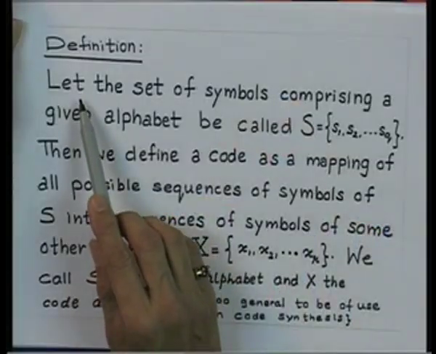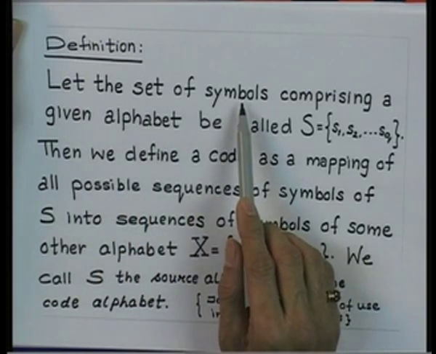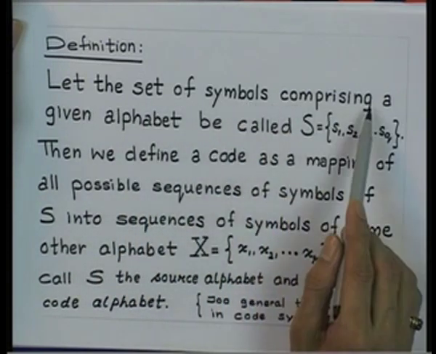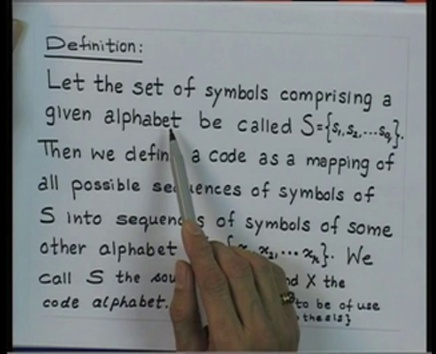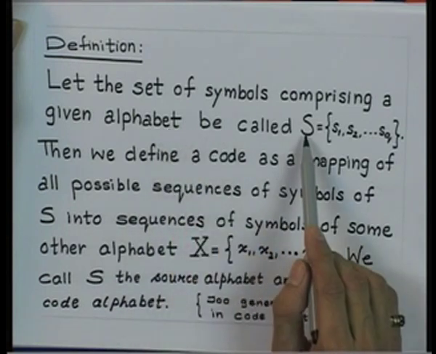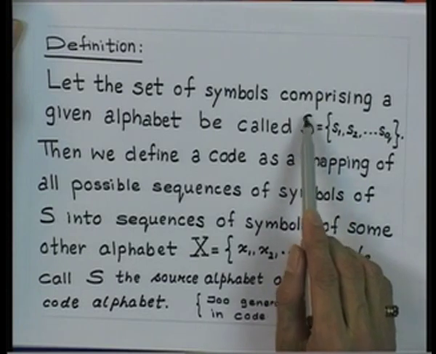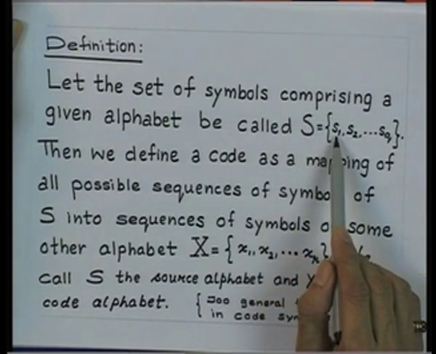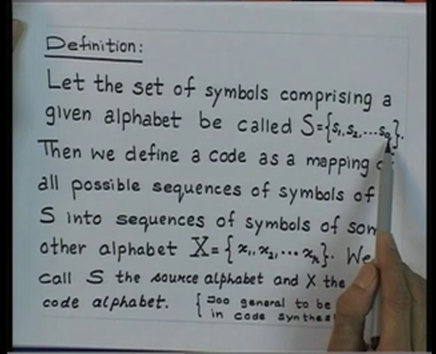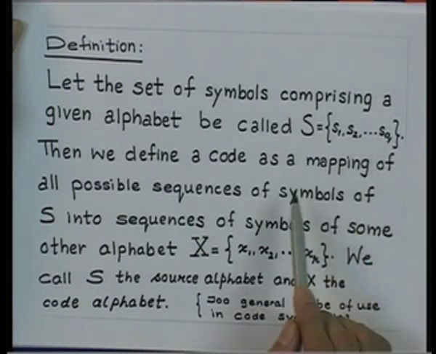The definition of a code will be given as follows. Let us consider a set of symbols comprising a given alphabet, and that alphabet is called S. This alphabet S consists of Q symbols or Q letters.